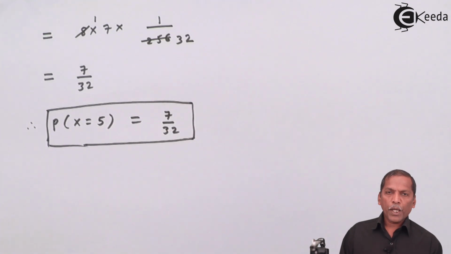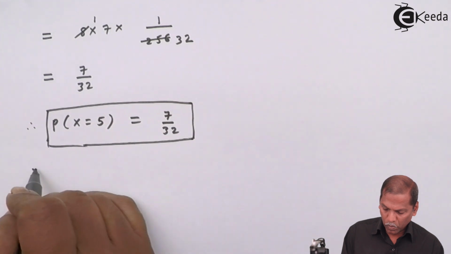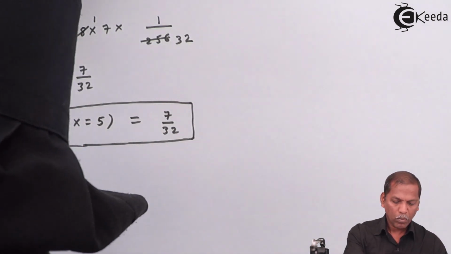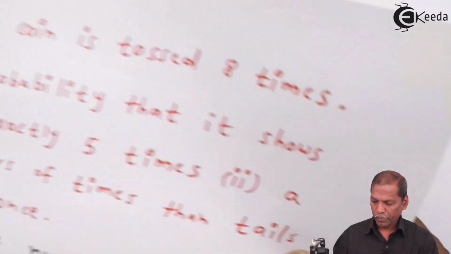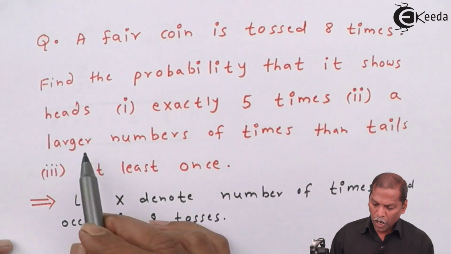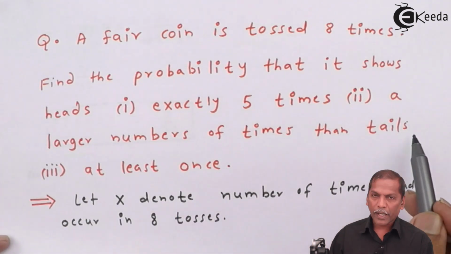Now we see question number 2. Question number 2 is a larger number of times than tails.